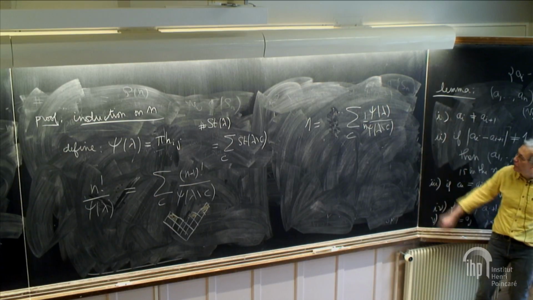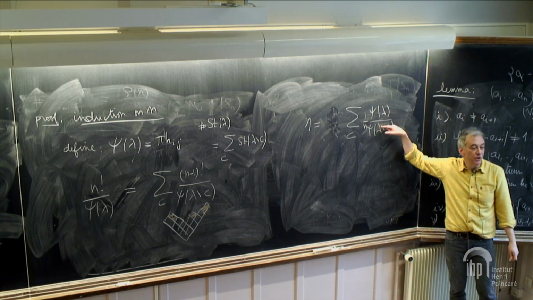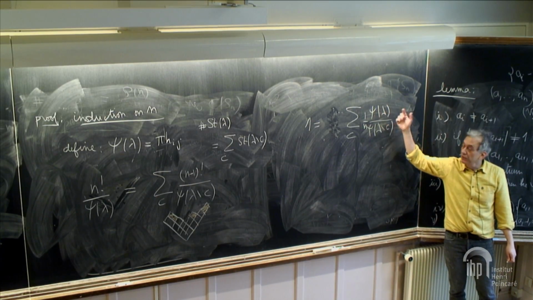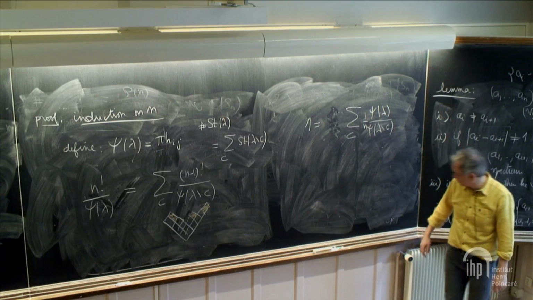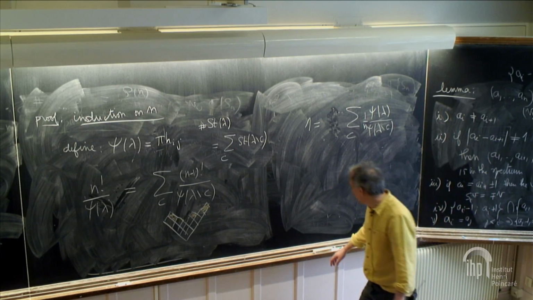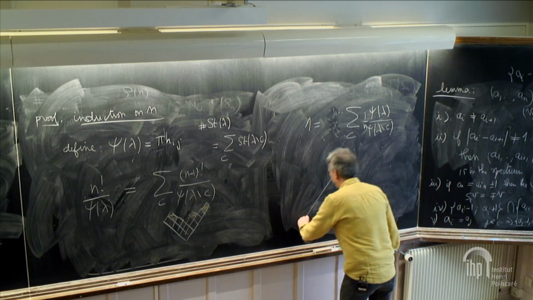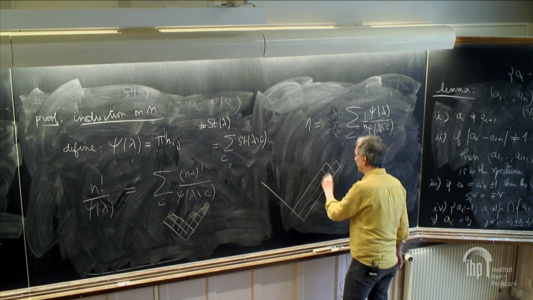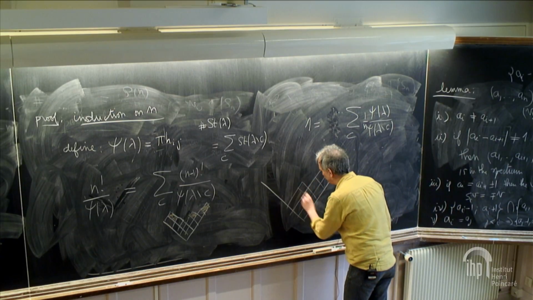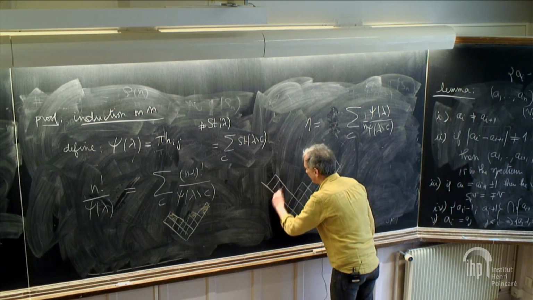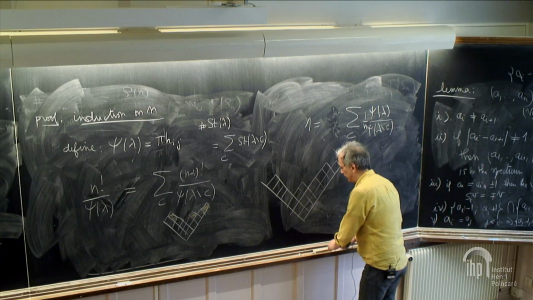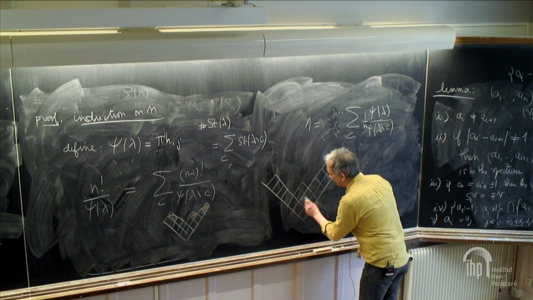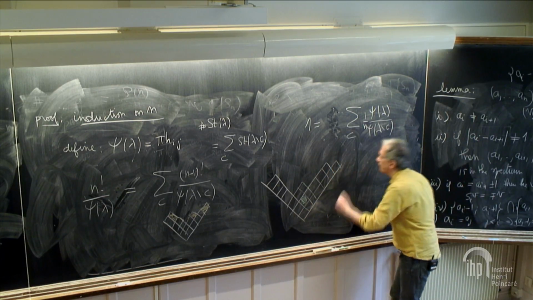I will interpret these numbers as a probability measure by showing you a very nice stochastic process. So what does the stochastic process do? You take a random box in your partition. Say, I take a random box in my partition, say this one.